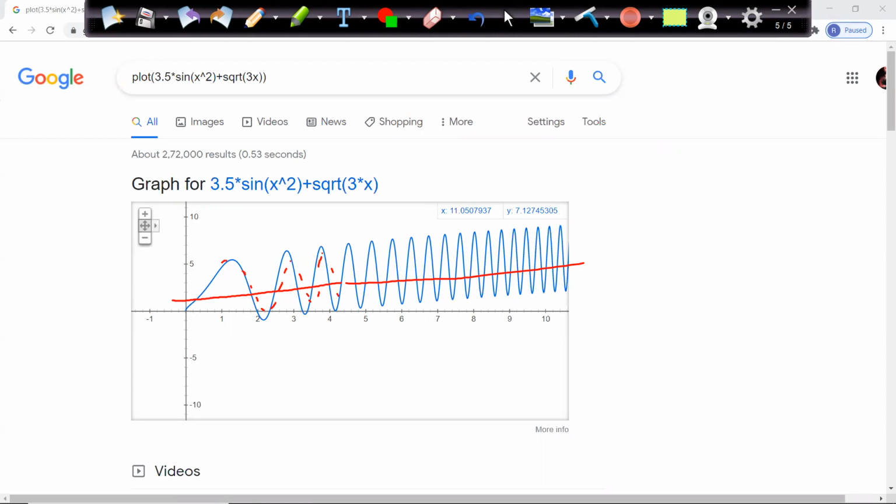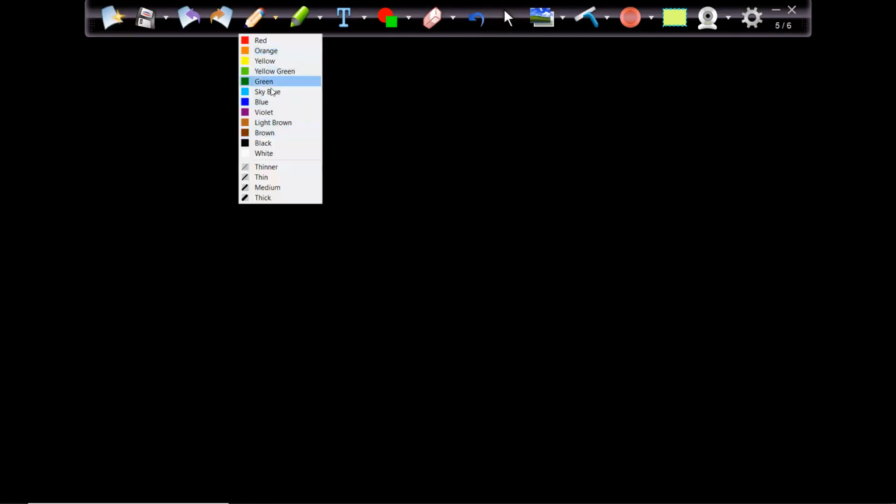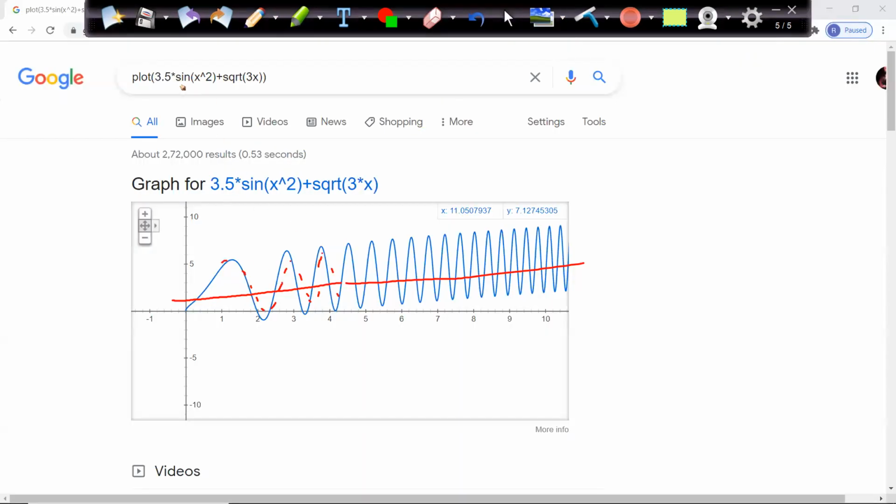And what I want is to solve it using neural networks. Now, how will I do that? Let's try to understand how a multi-layer perceptron is going to help me. In this mathematical equation, I have sine, I have multiplication, I have square, I have square root, and then I am doing addition as well.